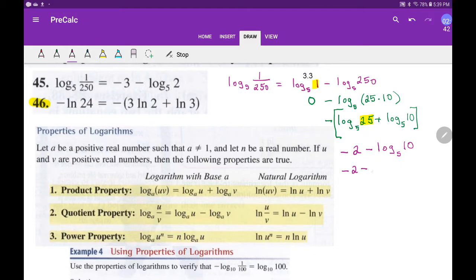I could say minus the log base 5 of 2 and 5, right? Maybe I should have done this all at once, but I want to make it as clear. We're kind of thinking about this. So we're saying negative 2, and it's going to be negative log base 5 of 2 plus the log base 5 of 5. All right, so they're both going to be negative.